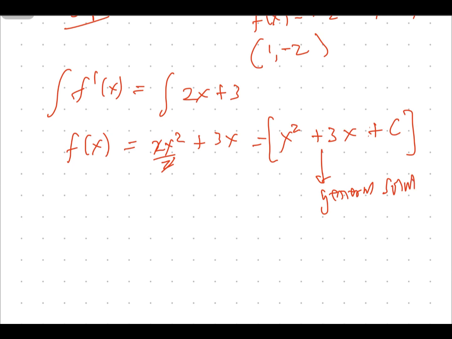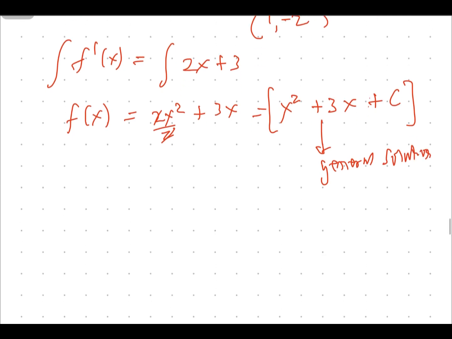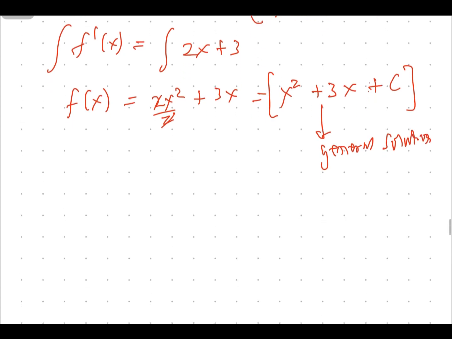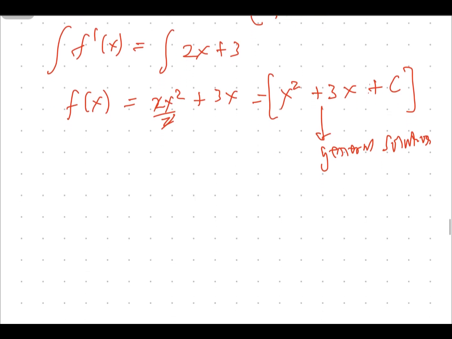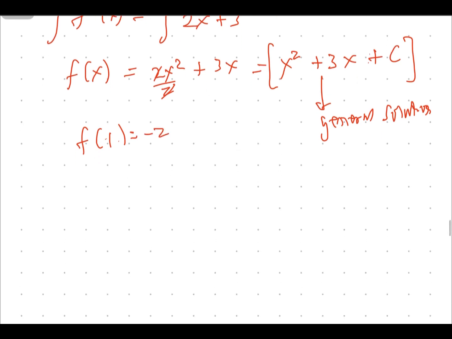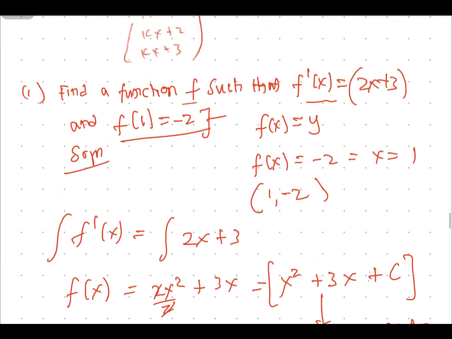So this general solution that we have now, we don't have our c, but remember that the question has given us f of 1 to be equal to negative 2, which means that f of x equals negative 2, and therefore our x is equal to 1.